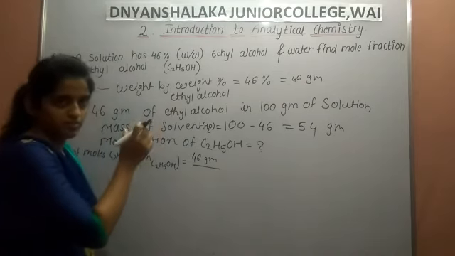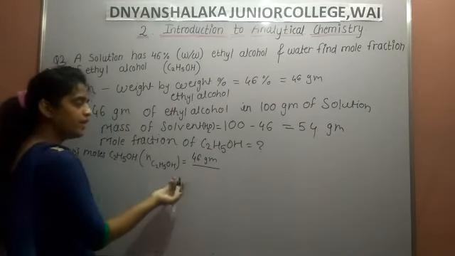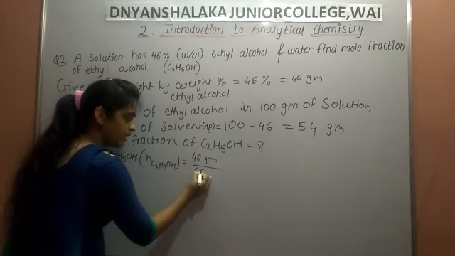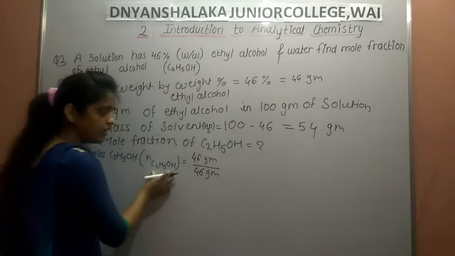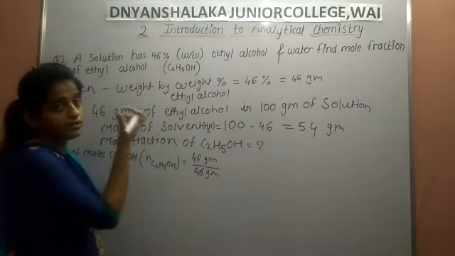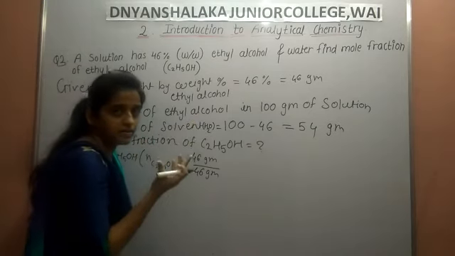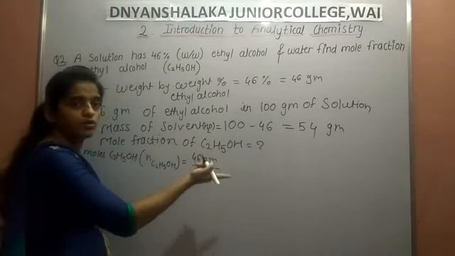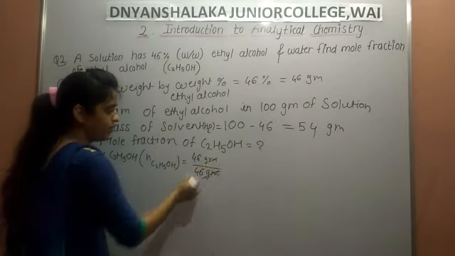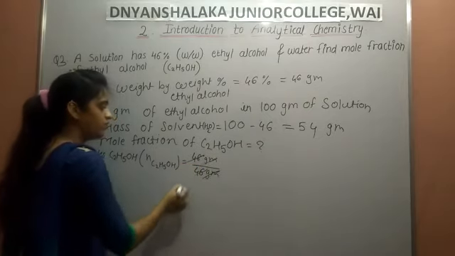In the last example we solved the molar mass of ethyl alcohol, and we get 46 gram. I had already solved the molar mass of acetic acid and ethyl alcohol; for ethyl alcohol it was 46 gram. So gram and gram cancel out, 46 by 46, 1.